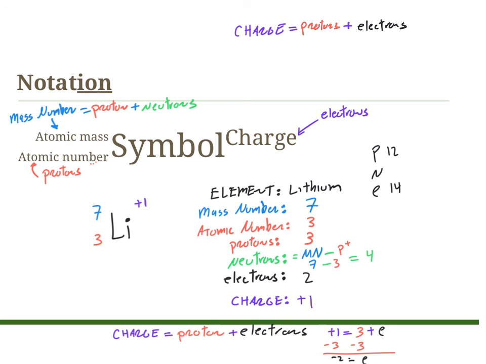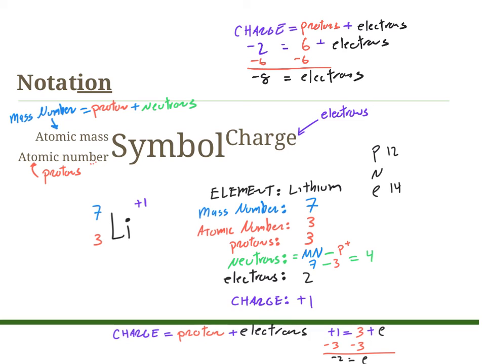Okay, so if I said that I had something like an ion with a charge of -2, and the number of protons were 6, and I was trying to decide how many electrons I had, I would subtract 6 from both sides, and I would get a value of -8, which is 8 negative things, which is the number of electrons. So that's how you identify charge.